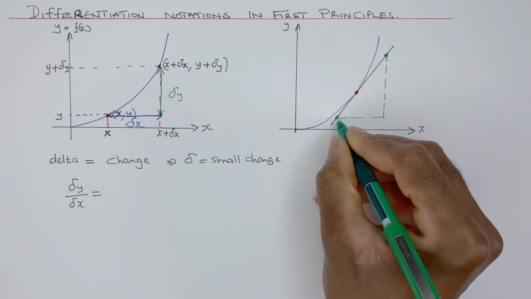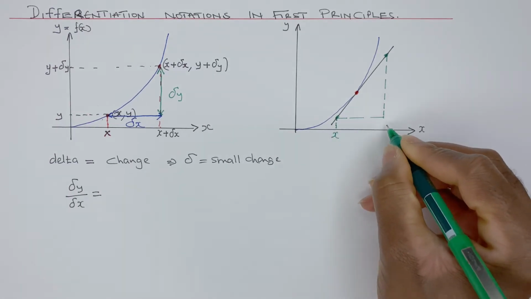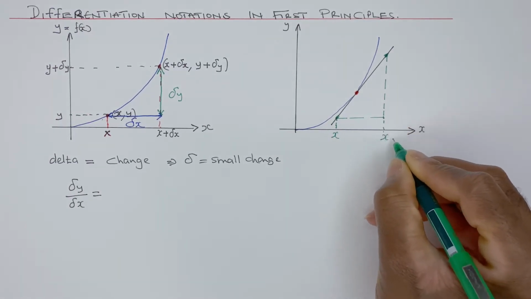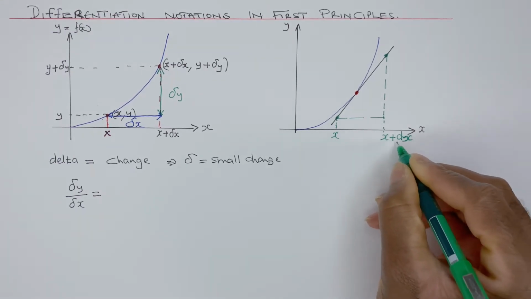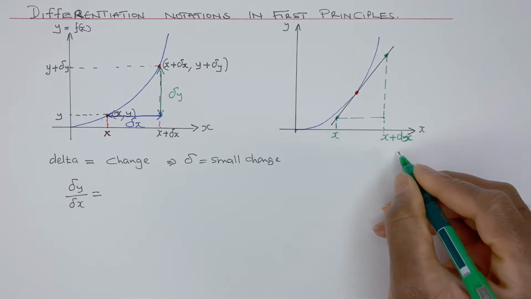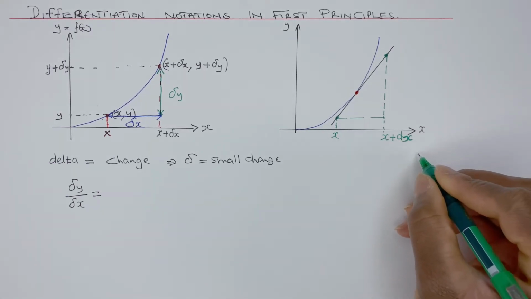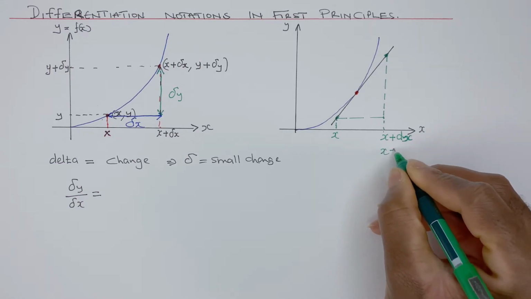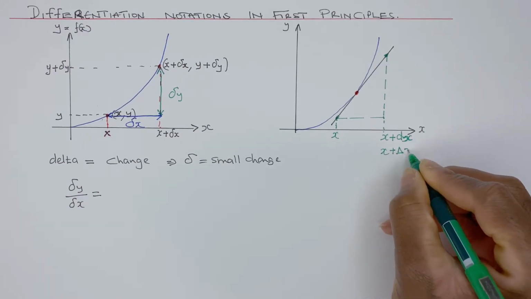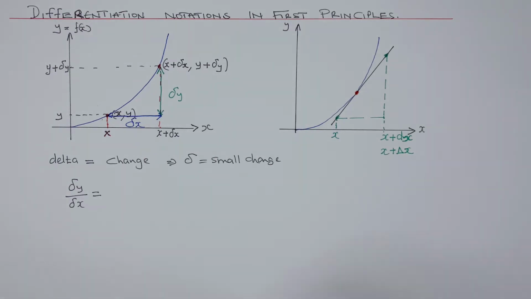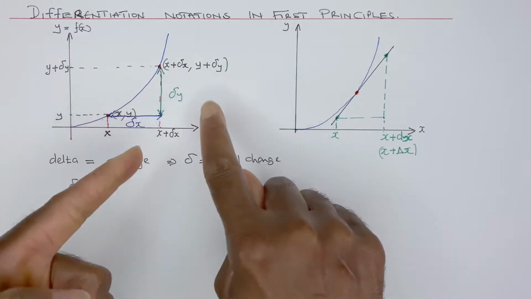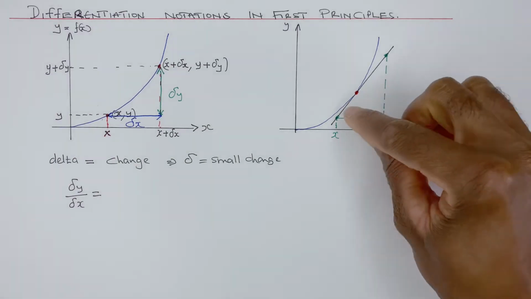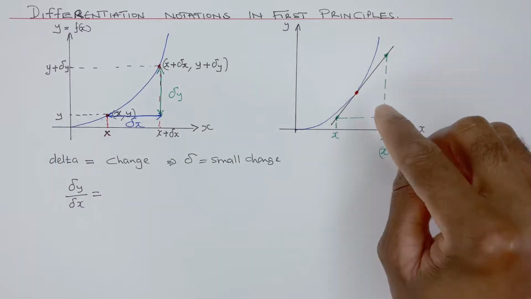So the difference, if that was x, and that would be x plus dx. Not delta, but dx. Sometimes it's written as x plus capital delta x. So that's the same thing. Now we can do that because we brought those two points together to form that tiny point, and then we draw a tangent to that point, and now we can find the gradient here.